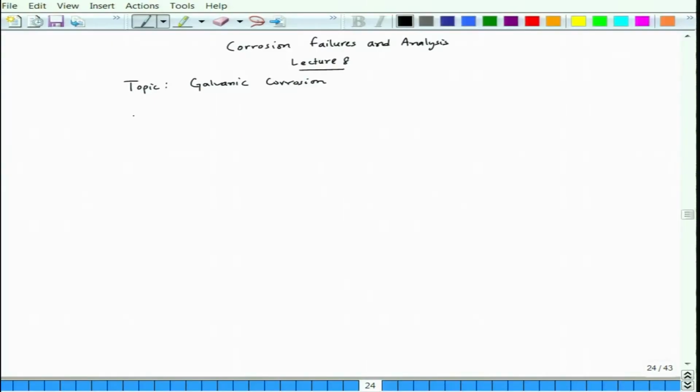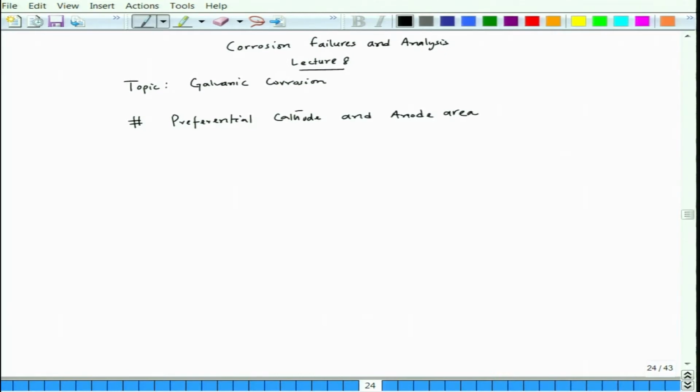For galvanic corrosion, this particular condition should be met: preferential cathode and anode areas. This is very important in case of the galvanic effect.